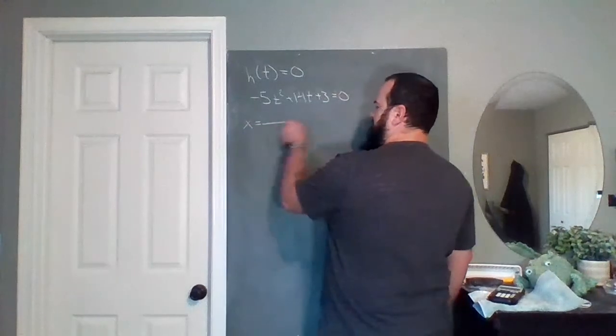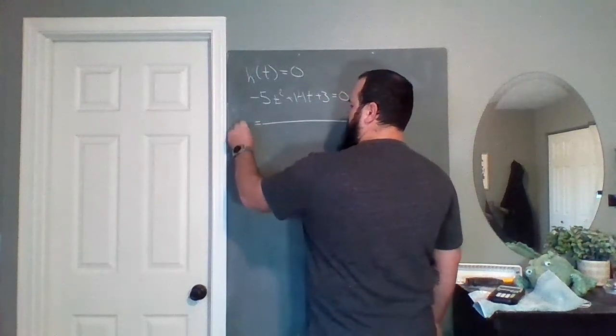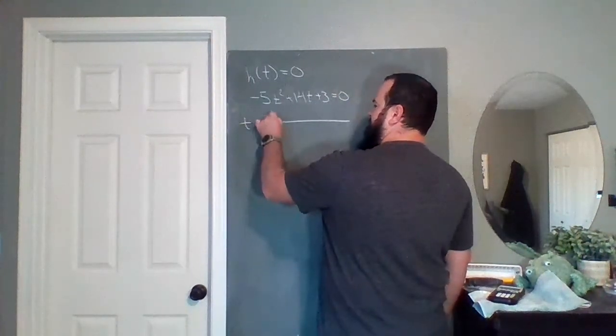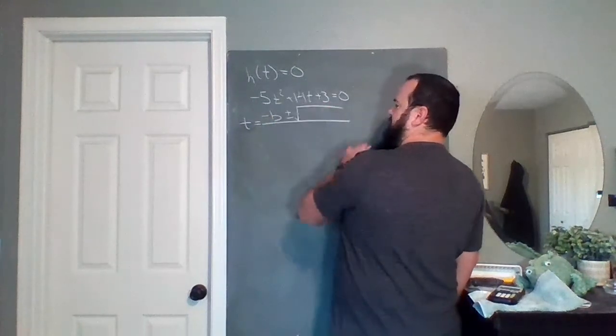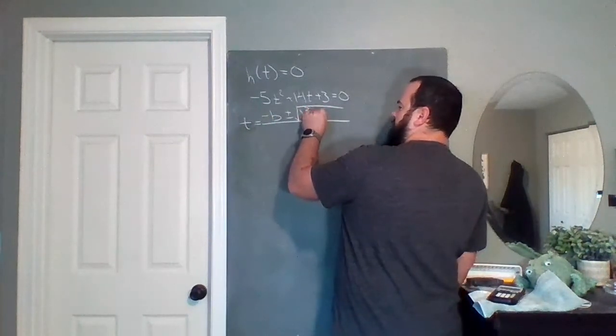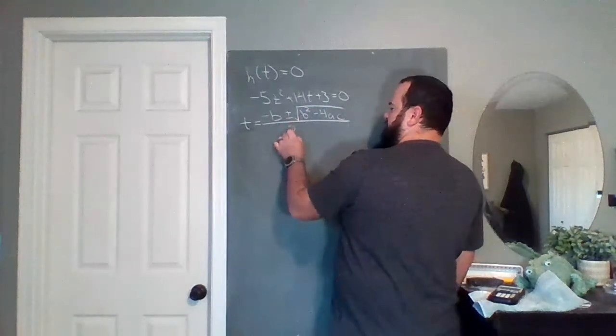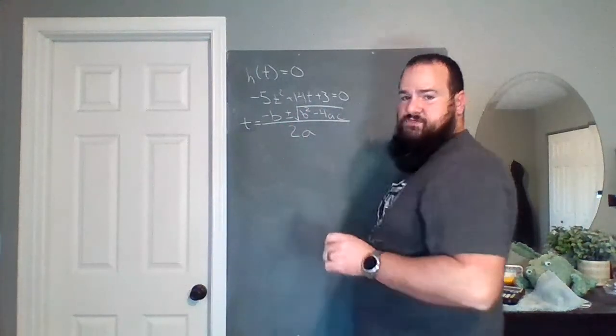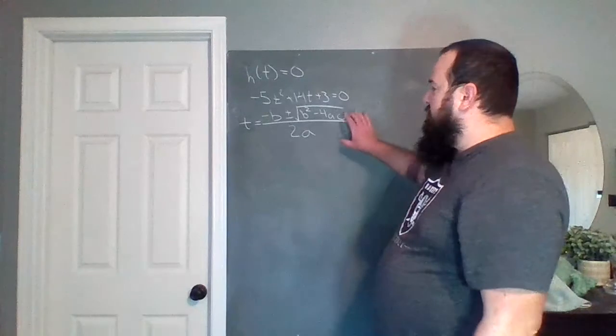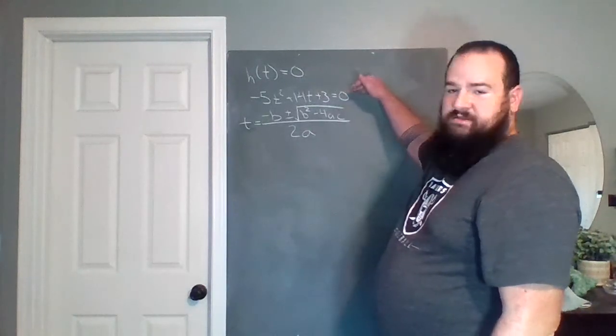And so we have that x, not x, t, equals negative b plus or minus the square root of b squared minus 4ac, all over 2a. So I want to go through and replace each of these with its correct value.